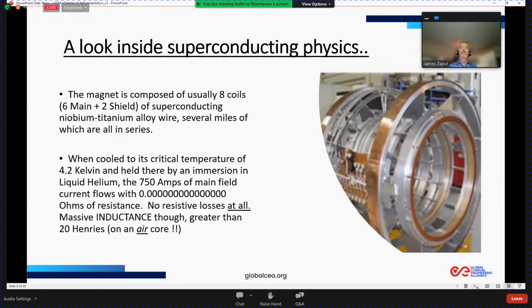When that structure is cooled to its critical temperature of 4.2 Kelvin and held there by an immersion in liquid helium, the 750 amps of main field current flows with 0.0 ohms of resistance. Nothing, not a fraction of an ohm. It is superconductive. What you can't escape, though, is the massive inductance, greater than 20 henries on an air core. Next slide, please.